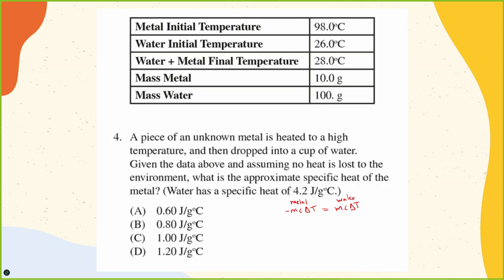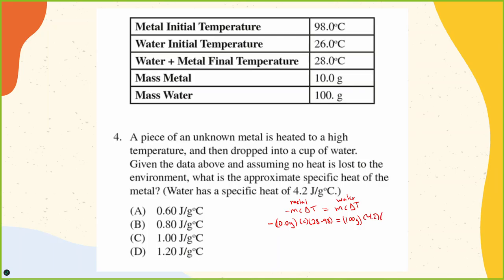So we would do negative for the 10 here. On the metal side, we're looking for the specific heat of the metal. The final temperature is 28 minus the 98 that the metal started at. The water over here is 100 grams, specific heat 4.2.